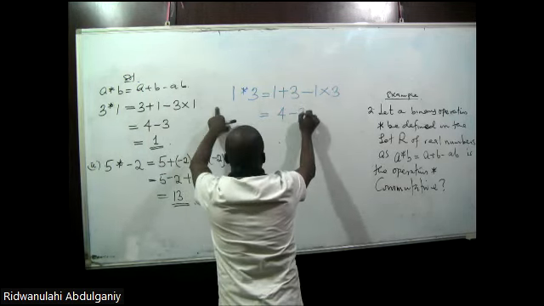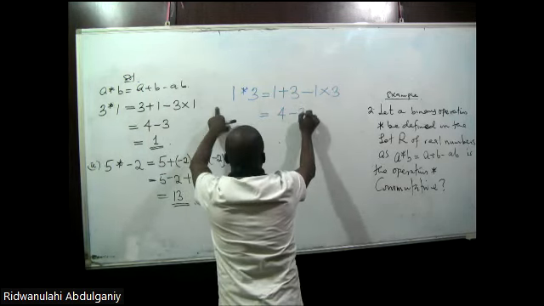Let a binary operation circle plus be defined on the set of real numbers by P operation Q equals P squared plus Q plus PQ.